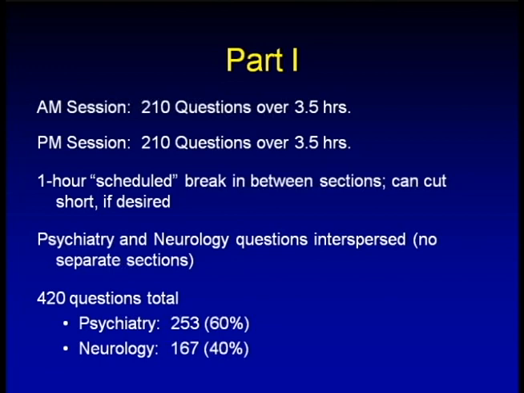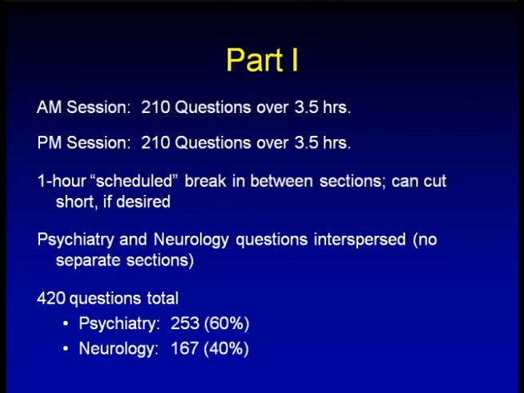Okay, so this is the way part 1 is broken up. Of course, all examinations are now through the testing center, computerized testing, Pearson VUE. This is the way it's set up. And you can see, for example, the scheduled break is up to you, how long you want to take it.